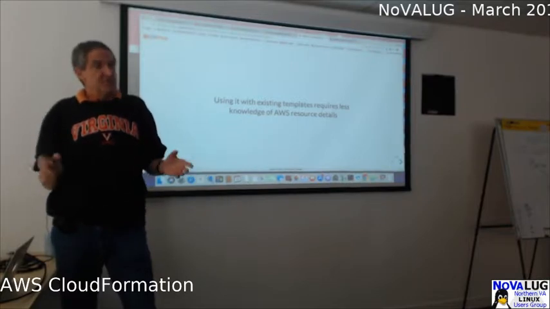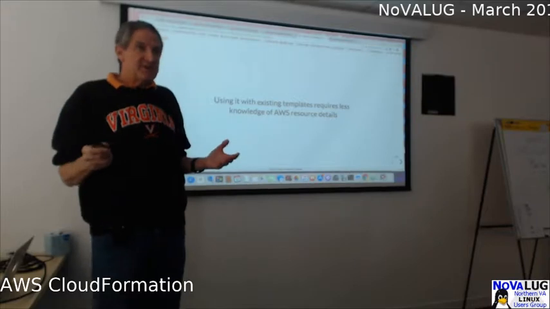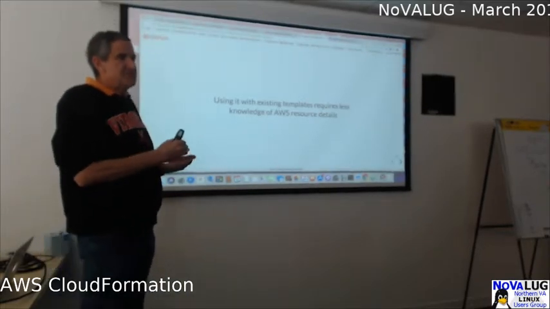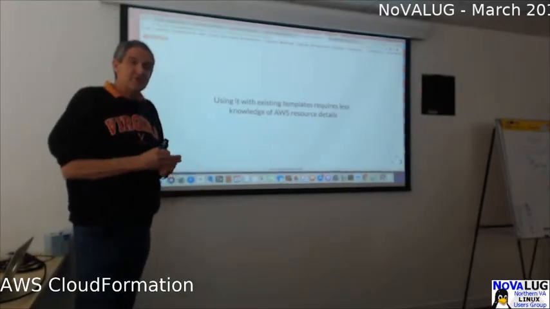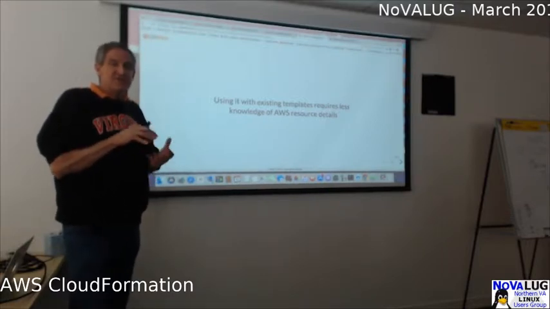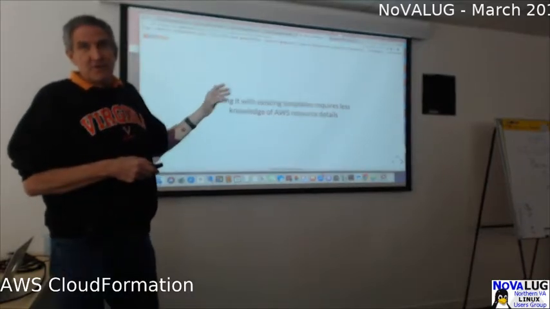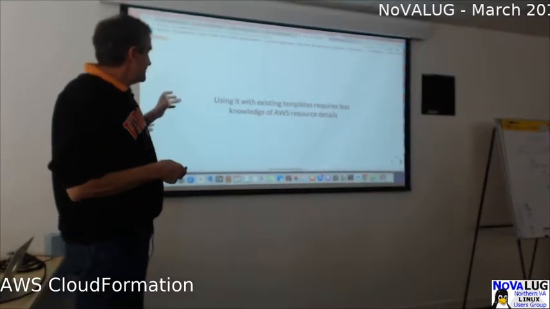And unless you're a pro, a few days later, you're going to say, oh, forget it. So that was my experience as well. So you'll probably always start with existing templates that do something analogous to what you want that you can then tweak, tune, or do whatever. You don't have to know all the ins and outs or specifics.